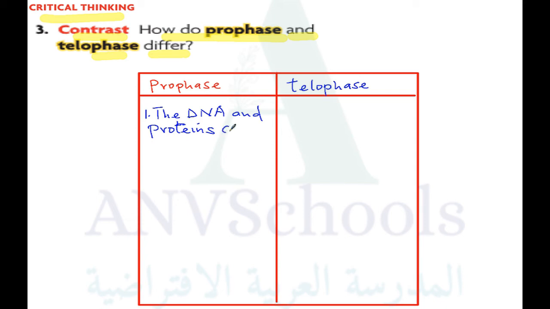So we are having here tightly coiled chromosomes.